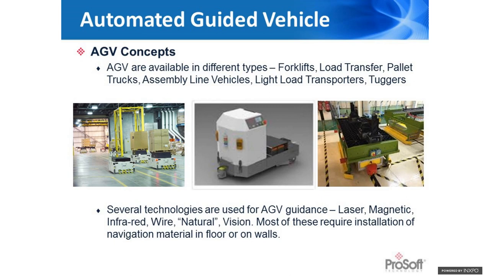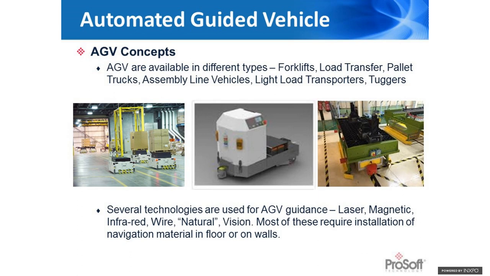Look specifically at AGVs. AGVs are available in a variety of different types, depending on what needs to be moved around. The most common are forklifts, essentially vehicles that look very much like a manned forklift, just without the place for the driver. They move around and move pallets and boxes just like a forklift would, except that they're automated.